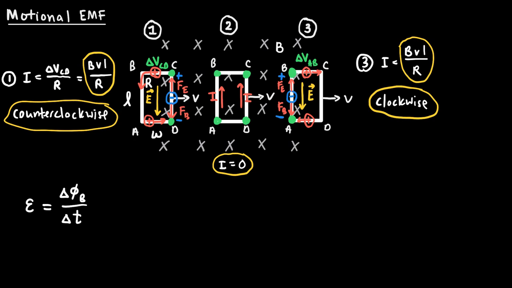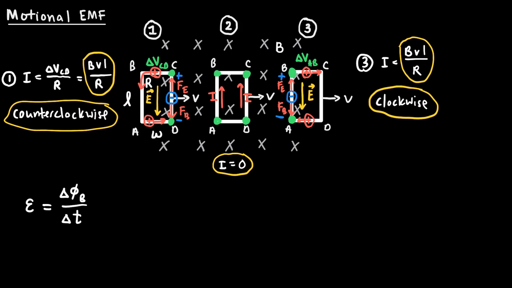So the moment the entire conducting square gets inside the magnetic field, the flux through the loop is not changing. And if the flux through the loop isn't changing, then there's no EMF produced. And if there's no EMF produced, then there's no current. And now let's go back and look at locations number 1 and 3, so that way we can see what's happening there as well to get the right direction.